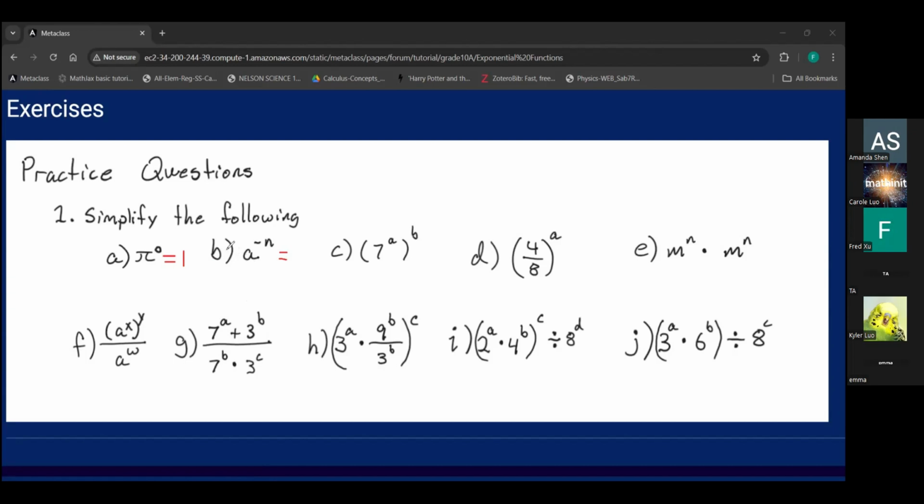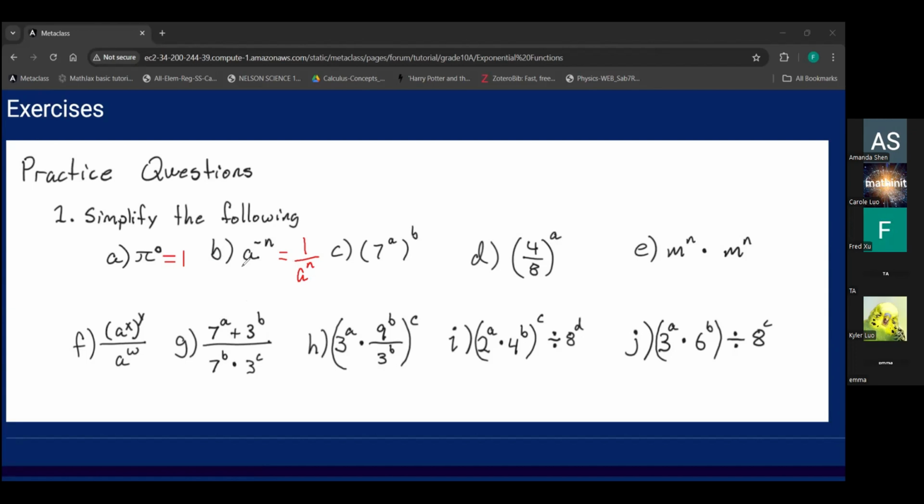And for b, this is just a replication of what I had written in the arithmetic rules. So this is just equal to 1 over a to the power of n. Remember, this is a negative, and you want to make this positive, so you move it down.